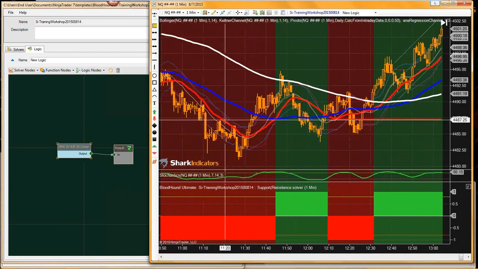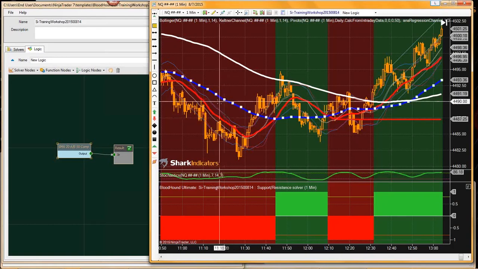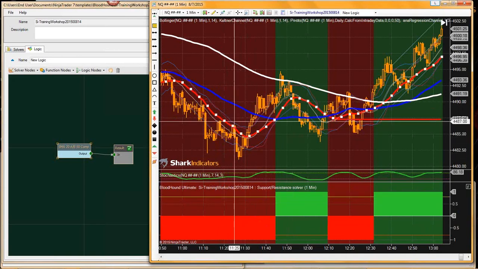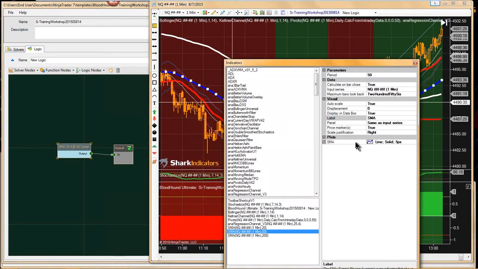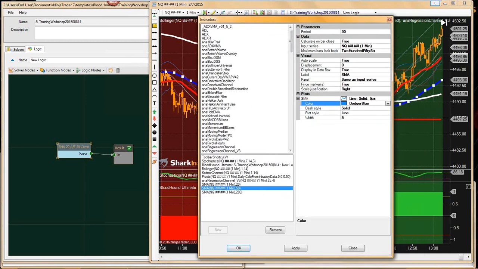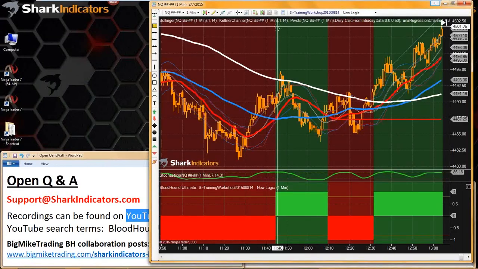What we're looking at is when the red line is below the blue line, we're getting a short, and when the red line is above the blue line, we're getting a long. We'll grab something a little brighter to make that blue line stand out a little more.